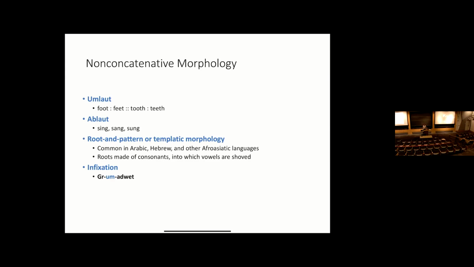And then there's infixation, which we've already talked about, which is non-concatenative. So in Tagalog, the national language of the Philippines, you have an infix you stick into words, and it changes the tense.